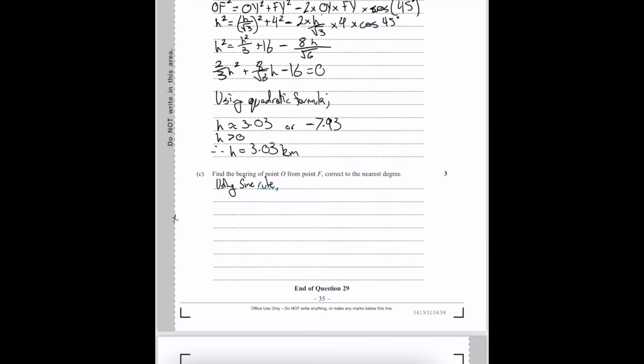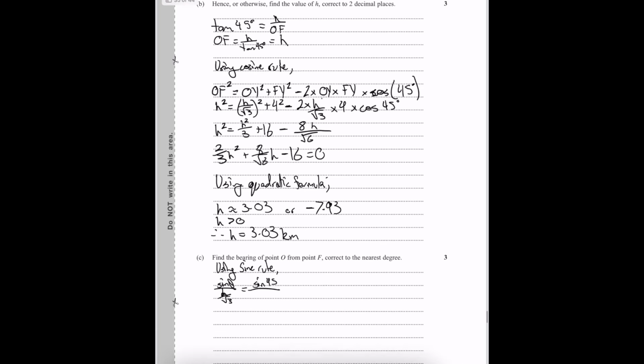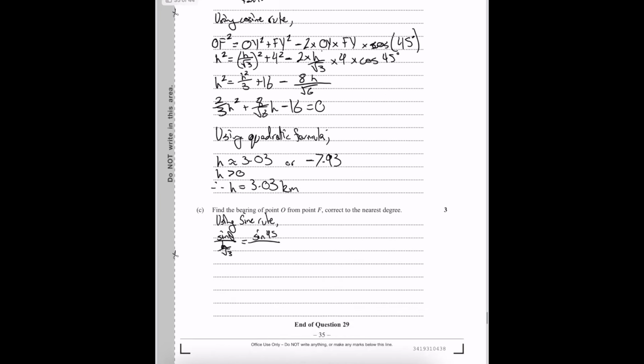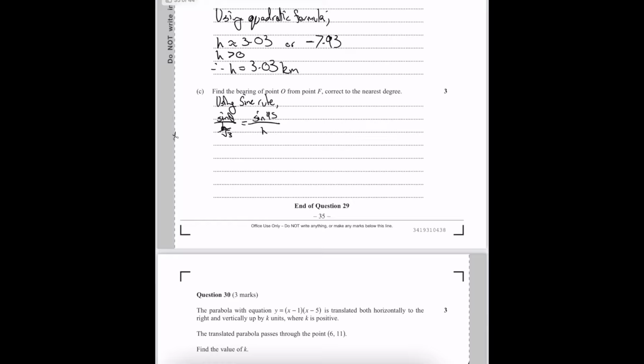So sine theta over OY, or I should say H over root 3, is equal to sine 45 over OF, which is just H. And if we substitute our value, eventually we'll just get sine theta is equal to 1 over root 6. And so we'll get theta is equal to 24 degrees.